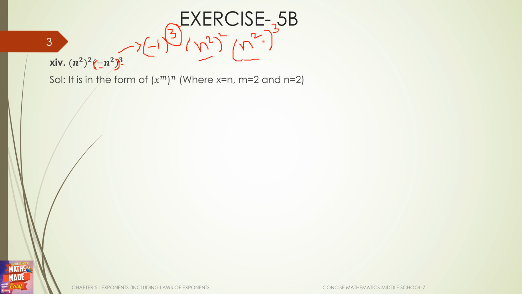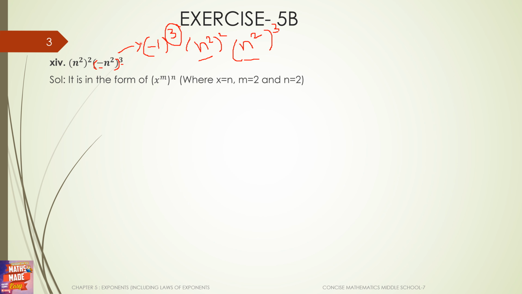You can add the step, children. Now it is in the form of (x^m)^n. Previously in this case you could not apply the formula directly because here it is minus n and here it is n.